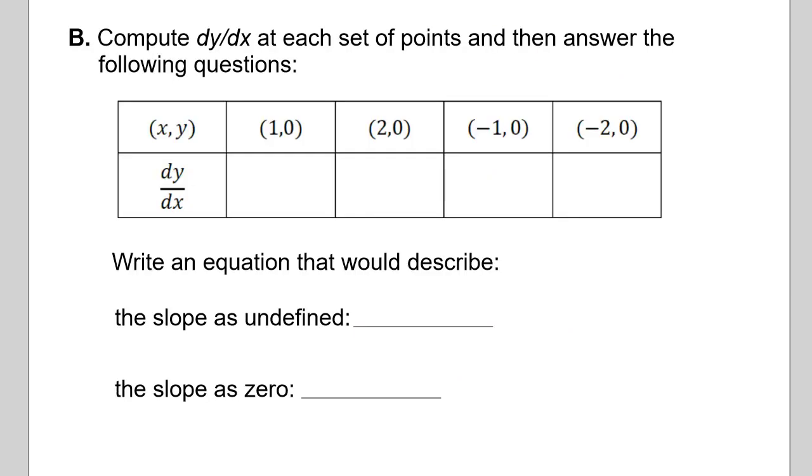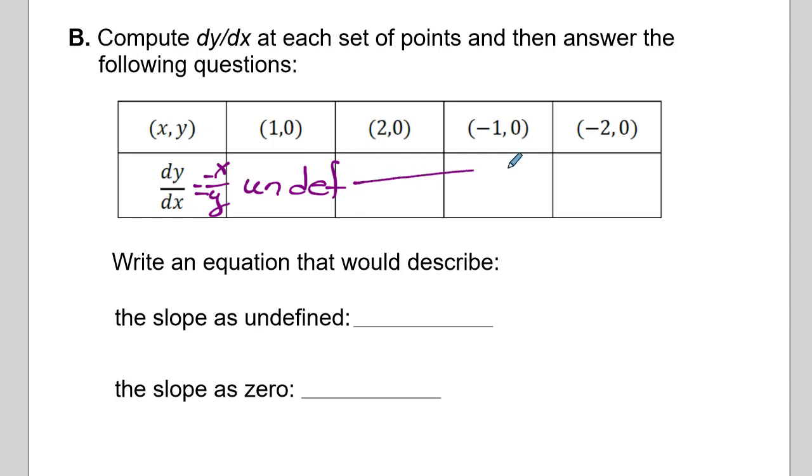Okay, part B, we're looking still at some points. Remember, dy/dx is equal to negative x over y. For these points, they all have a y coordinate of 0. So dy/dx is going to be undefined for each of these points.